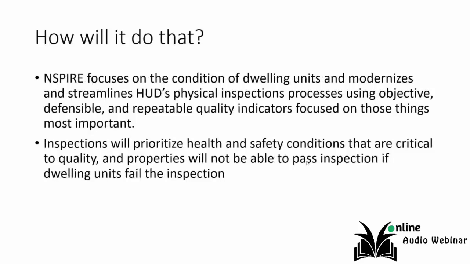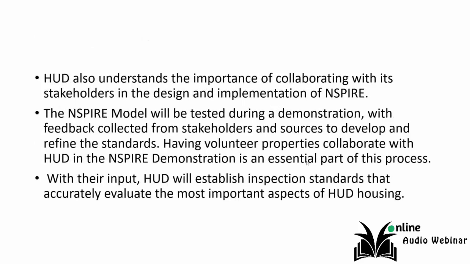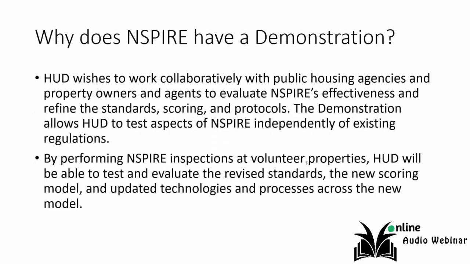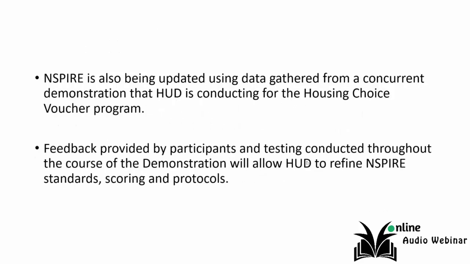NSPIRE focuses on the condition of the dwelling units and modernizes and streamlines HUD's physical inspections. HUD also understands the importance of collaborating with its stakeholders. Throughout the course, there were results and test evaluations. They want to work collaboratively with the owners and with public housing and property owners. It's now being updated, and any feedback that is given is welcome.